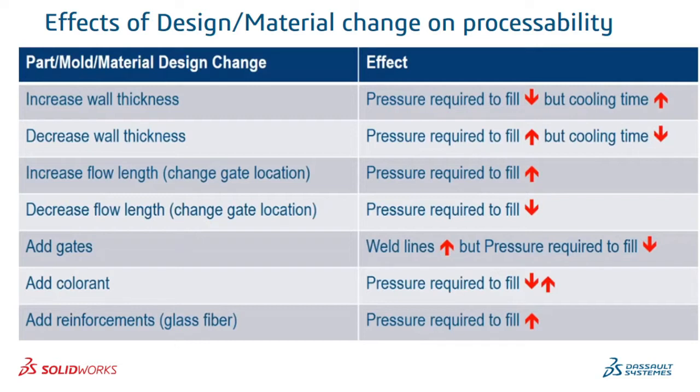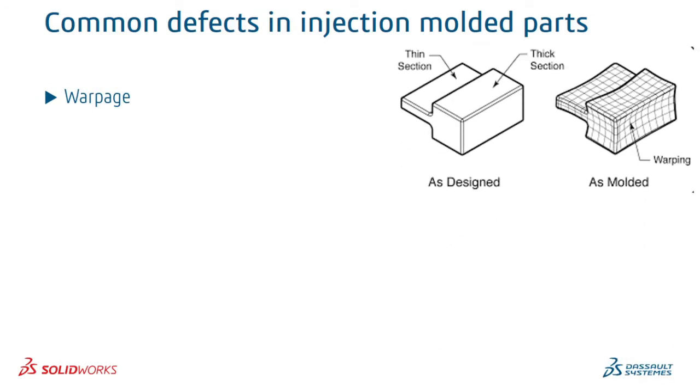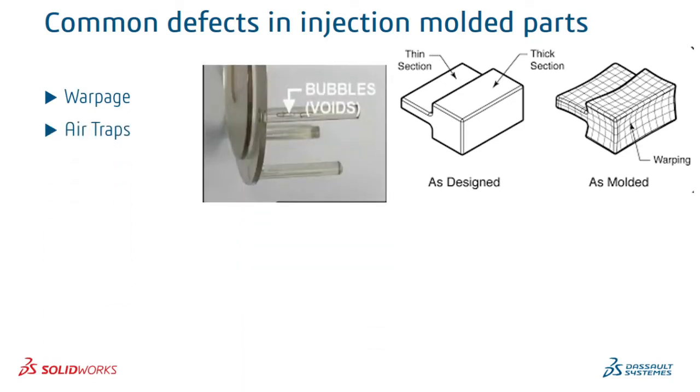So how to check all these things, and what will happen if we don't check them? Obviously there would be a few defects in your parts, like warpage, right? Because of uneven shrinkage, warpage might occur when the part is ejected. Air traps may occur in your model.